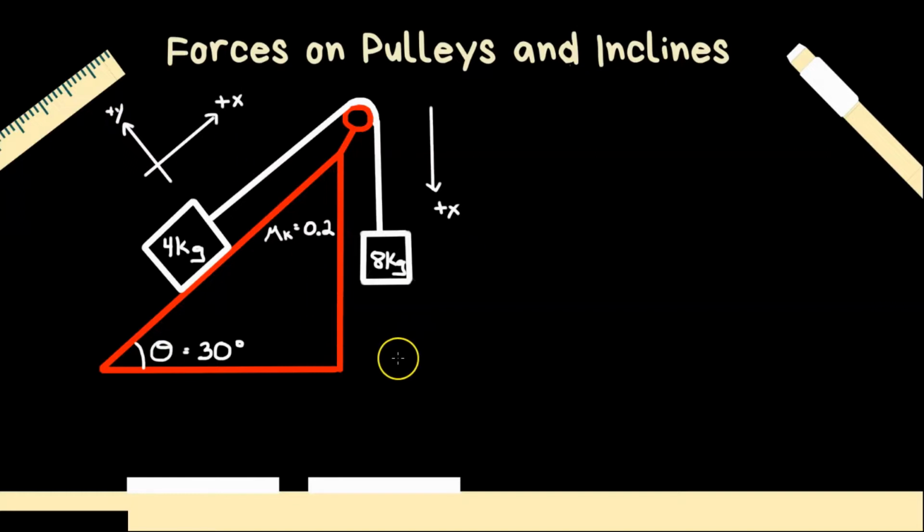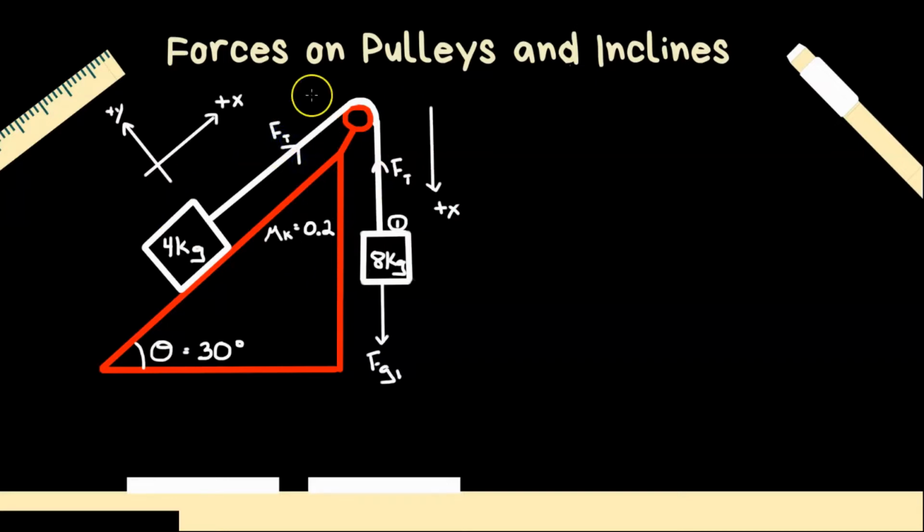Alright, so now that we have our coordinates, let's draw all of our forces. So over here on this block, we're going to have a force of gravity. Let's call this block number 1. So we're going to have Fg1. And we're also going to have a tension force. But that tension force is going to be equal and opposite to this tension force.